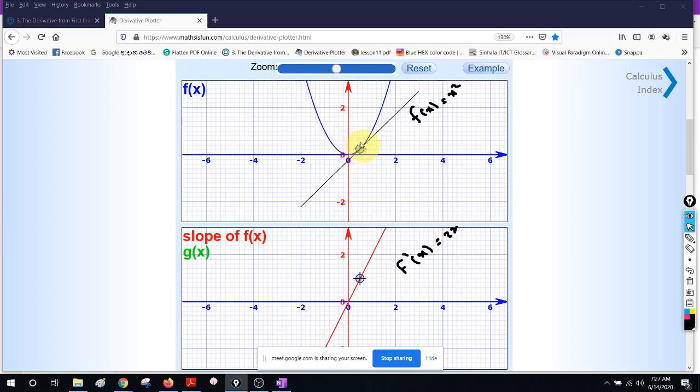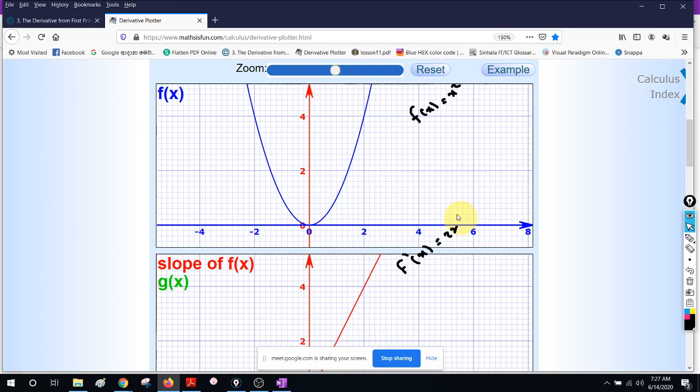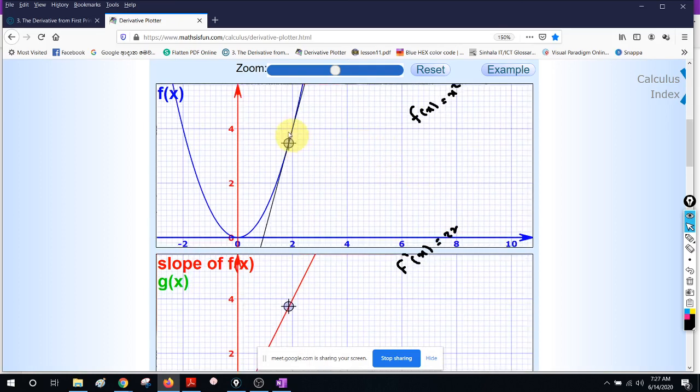Likewise, at any point, if I want to find the rate of change, look, this is the most important statement. Let's zoom in a little bit. If I want to find the rate of change at 4, I have the derivative 2x.